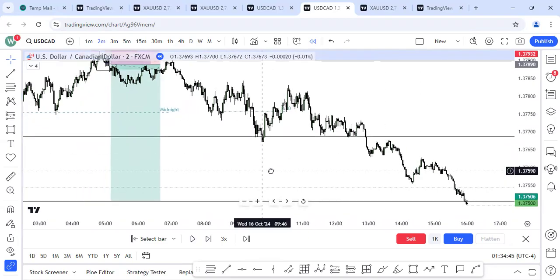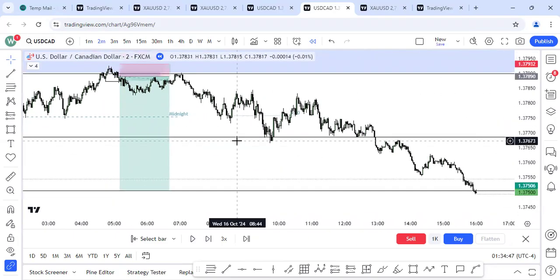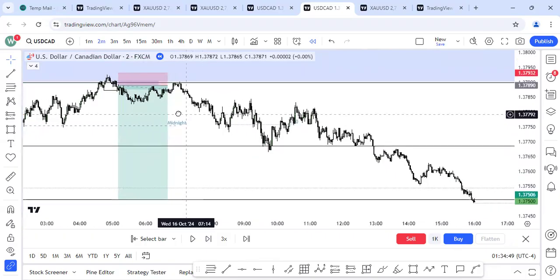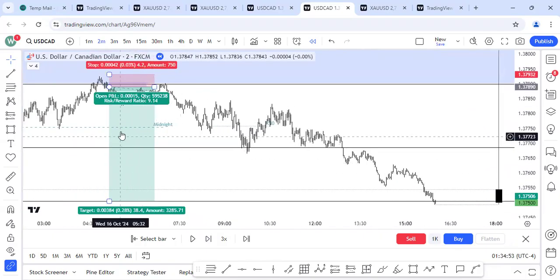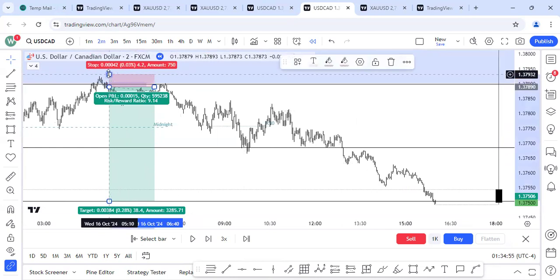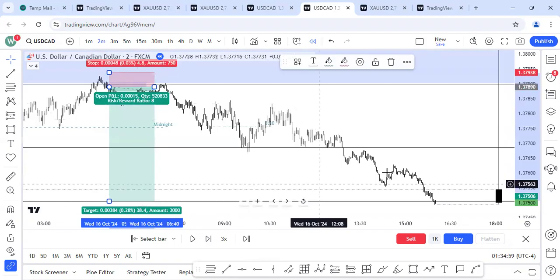As you can see here, TP hit. Okay. The trade I took wasn't really 1 to 9, it was 1 to 8. I think my stop loss was a little bit here. Okay, now it's 1 to 8.